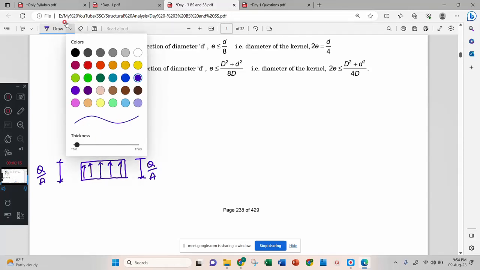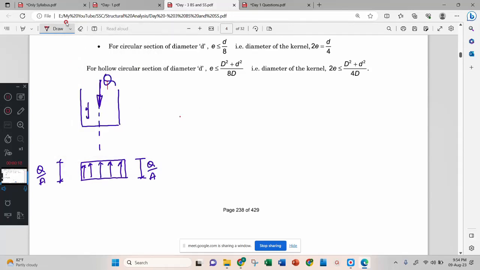Now if that Q is shifted here, then the diagram will be more on this side, less on this side. Agree? More stress on this side and less stress on this side. Now what about this?